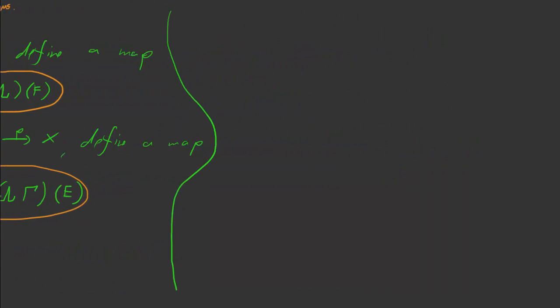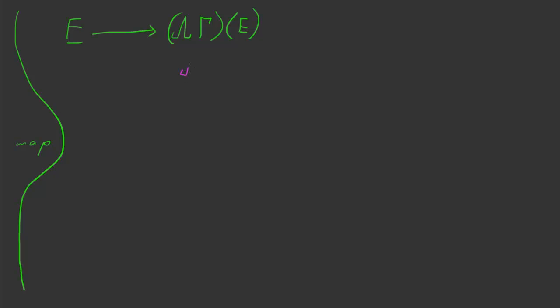So, all right. Well, we want to define a morphism from E into lambda of gamma of E. And again, as we did with the sheaf case, let's just cash out what this thing actually is.